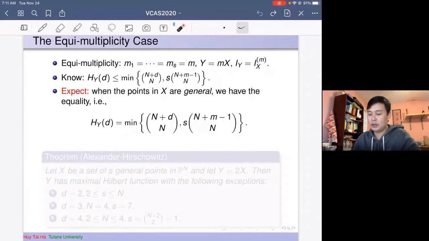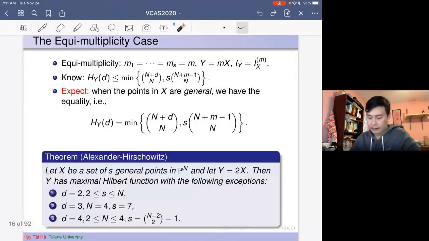For instance, in a series of 4 papers or so in the 90s, Alexander and Hirschowitz proved what we expect only for the case when m equals 2. So the multiplicity is 2, which means we're looking at double points.